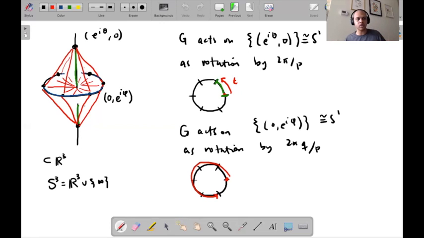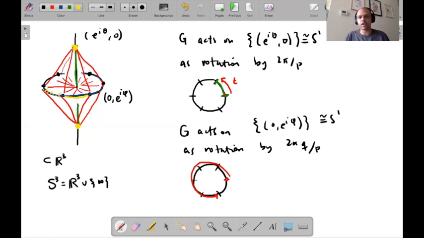So as you translate the green, under T, this yellow point, let me draw in yellow, this yellow point is identified with this point. And this yellow segment is identified with this other yellow segment.